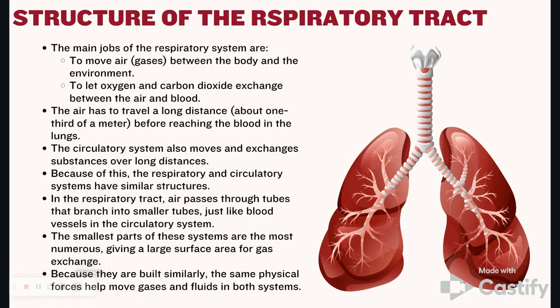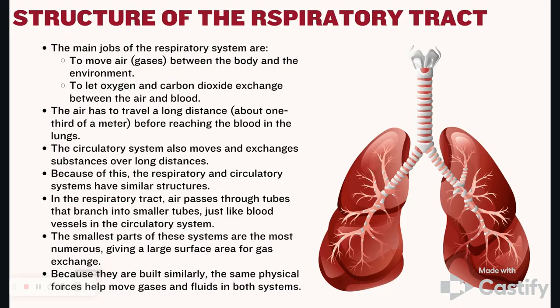Because of this, the respiratory and circulatory systems have similar structure. Why? Because they both move over a long distance. In the respiratory tract, air passes through tubes that branch into smaller tubes, just like blood vessels in the circulatory system. The tubes in the respiratory system are the trachea and the bronchi, and in the circulatory system, it's the blood vessels. The smallest parts of these systems are the most numerous, giving a large surface area for gas exchange.